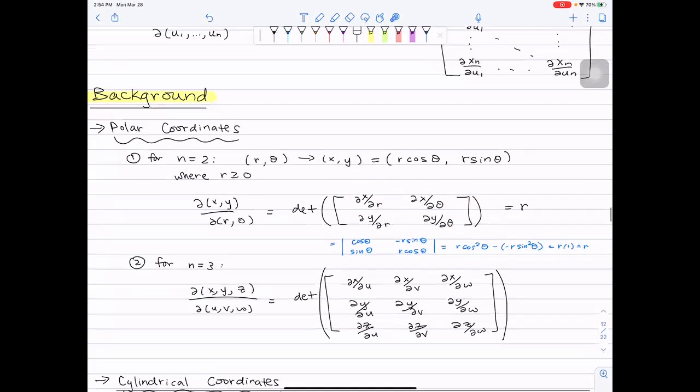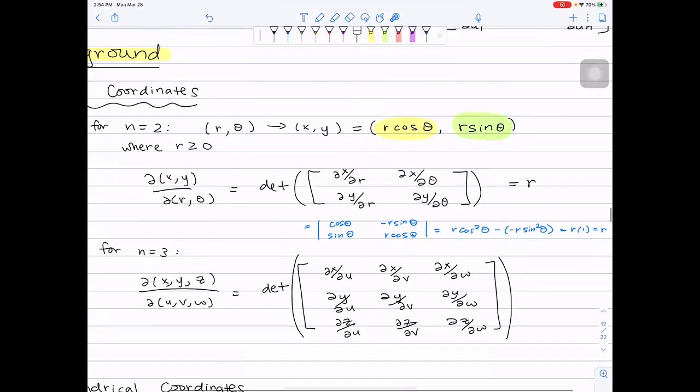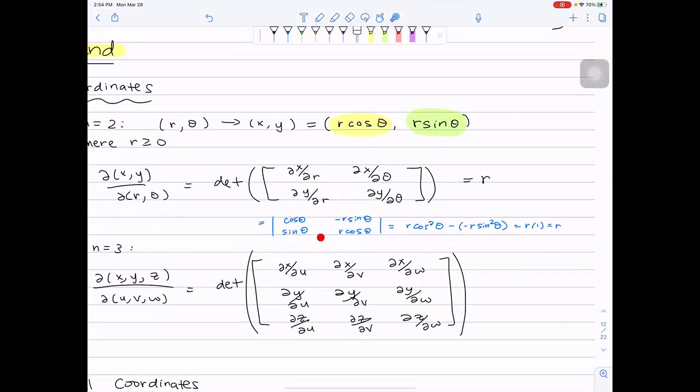So what is the derivative of x with respect to r? It is cosine theta. What about the derivative of y with respect to r? That's sine theta. Derivative of x with respect to theta is negative r sine theta. Derivative of y with respect to theta is r cosine theta. And when you compute the determinant, you end up getting r.